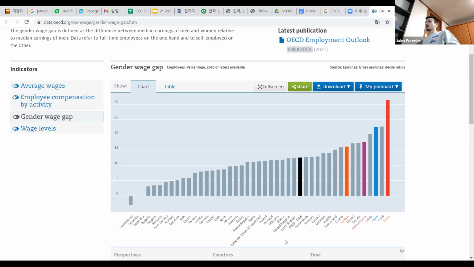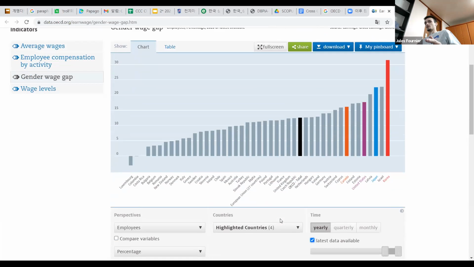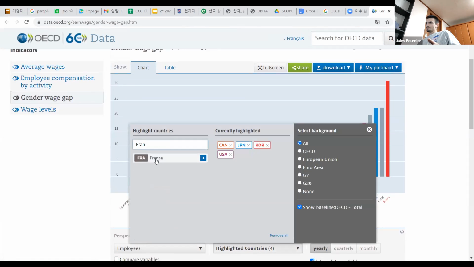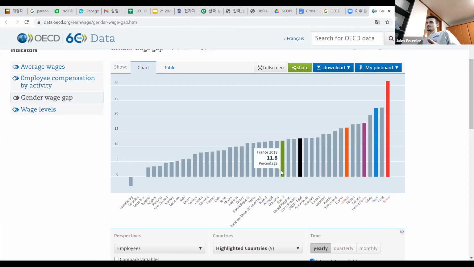So yeah, I think this is really interesting because as a French person, we have the same problem in France, but I've never thought about what was going on like this in other countries. So yeah, I think the topic is really interesting. Oh yeah, we can look up France, maybe. Oh, okay, we're in the middle. I wouldn't have thought about that. Okay. That was cool, I think.